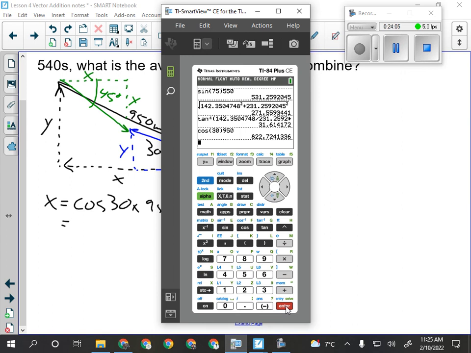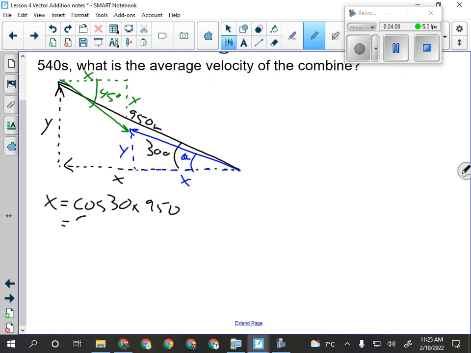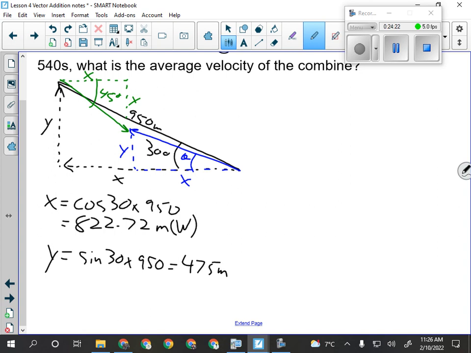So 822.72 meters west, and y is going to be the sine of 30 times 950, which is going to be 475 meters north. Everybody all right with that?